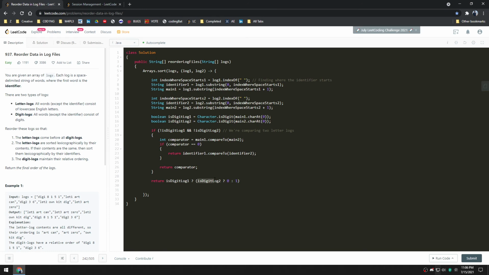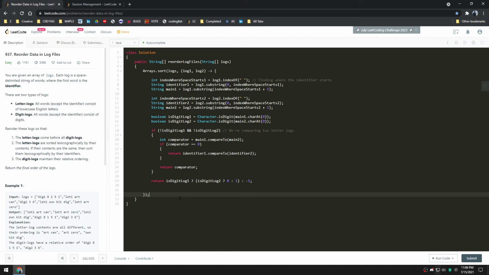If it is not, so log 2 is not a digit, that means we're going to return 1, meaning pushing it to the right. And then our last situation would be, if both are not, then it will just be -1 to account for both being not digit.